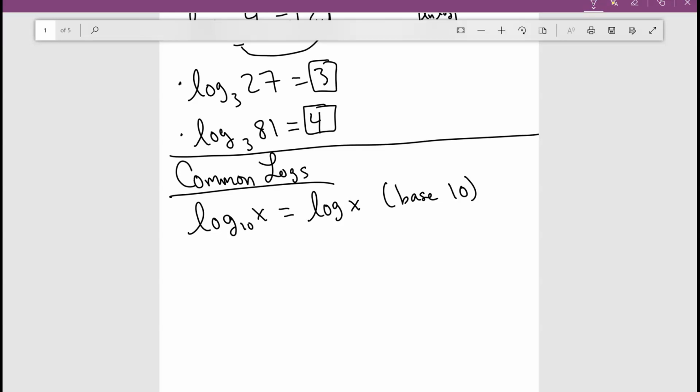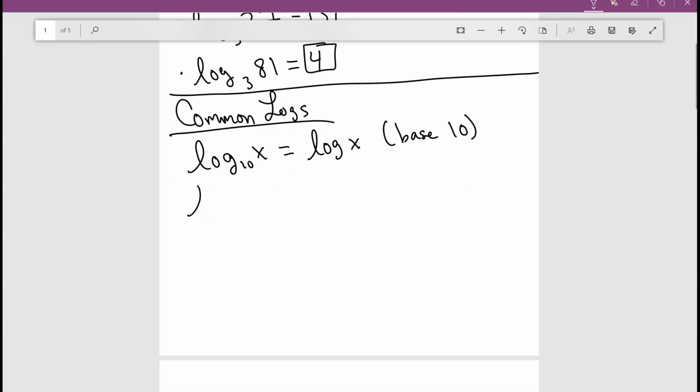Okay, now another one that you're going to see is log base e of x, and we don't write log e, we just write ln of x, and this is what we call the natural log. So if you write log e, it's fine, but normally we would write ln of x.